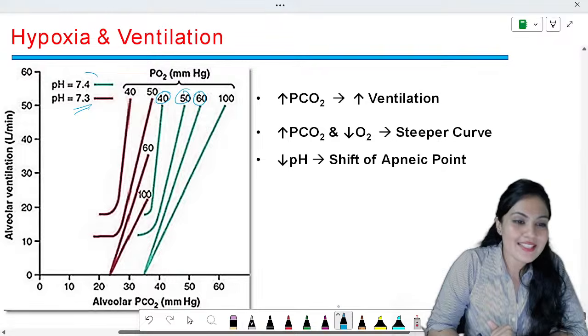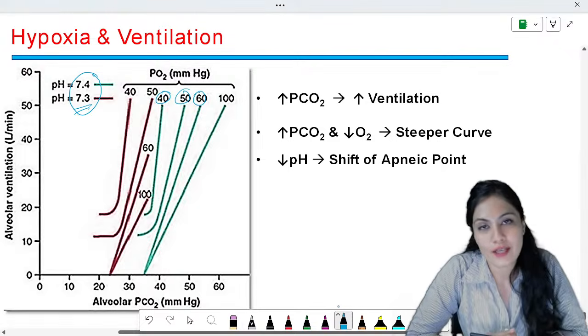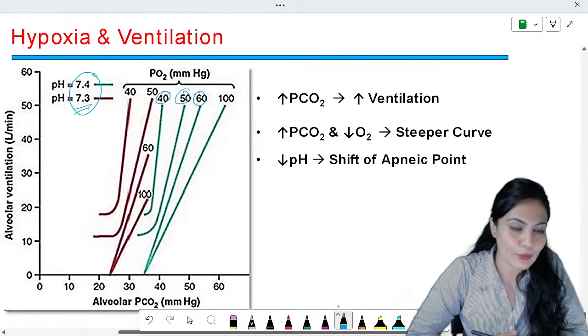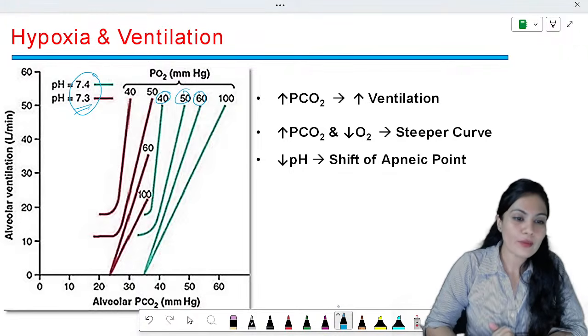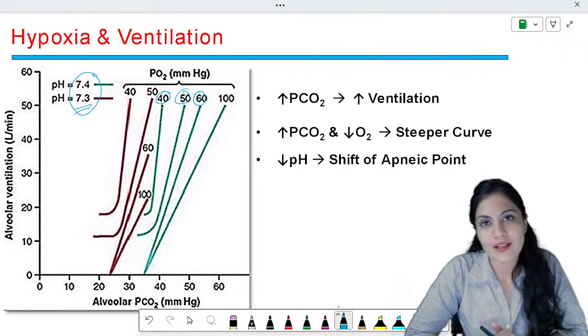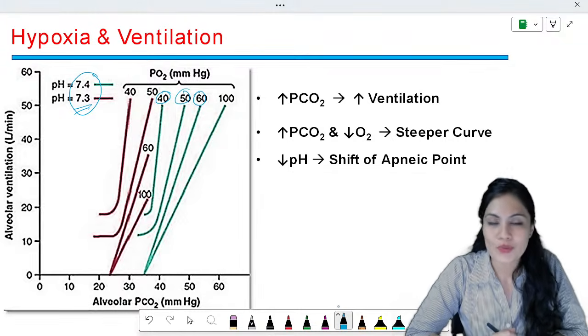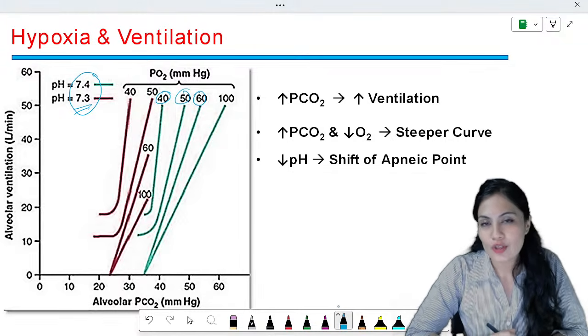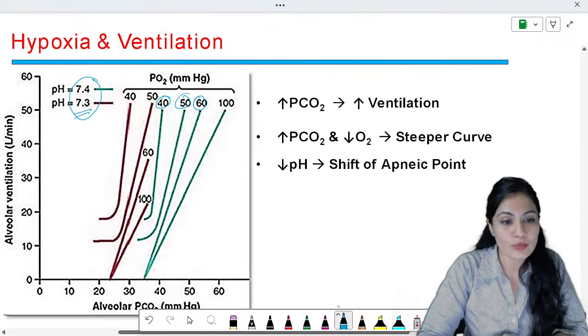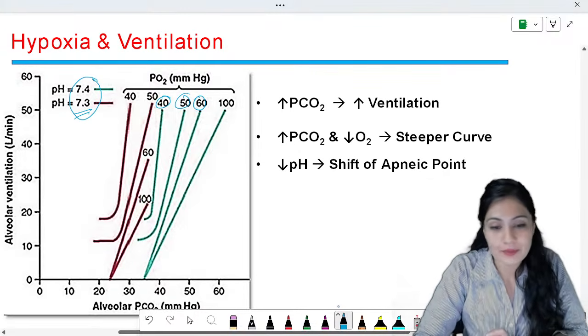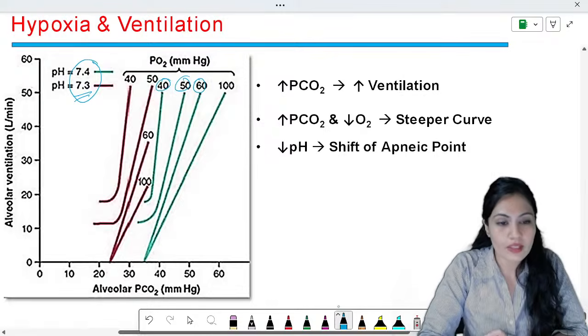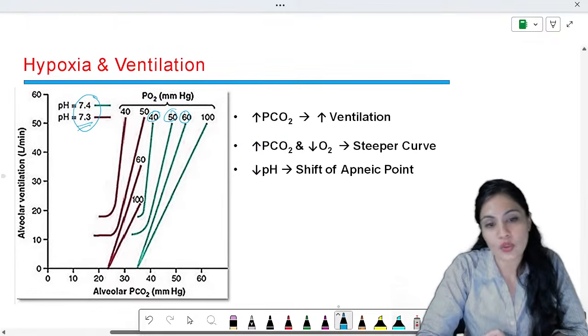And the answer was there in the graph itself, that in acidosis what will happen. Please remember, only one graph was given in the brown color and the student had to identify which graph that was, and the question was about acidosis. So of course the graph sometimes has the answers, right? So this is what the summary is, if you want to write.